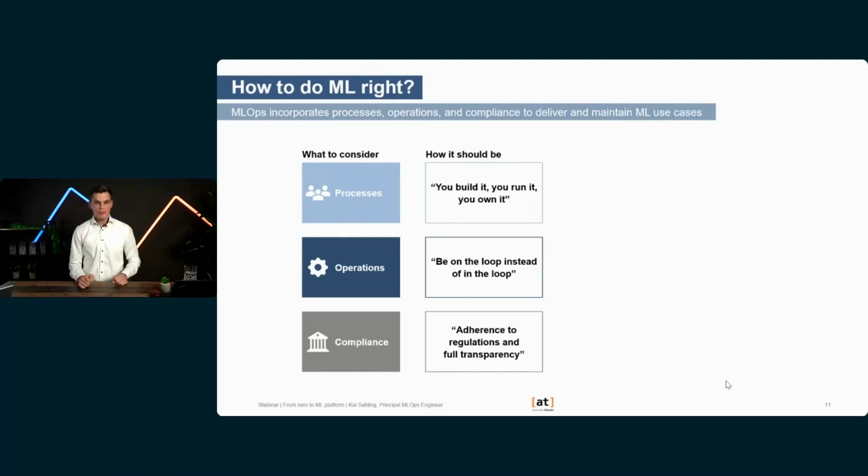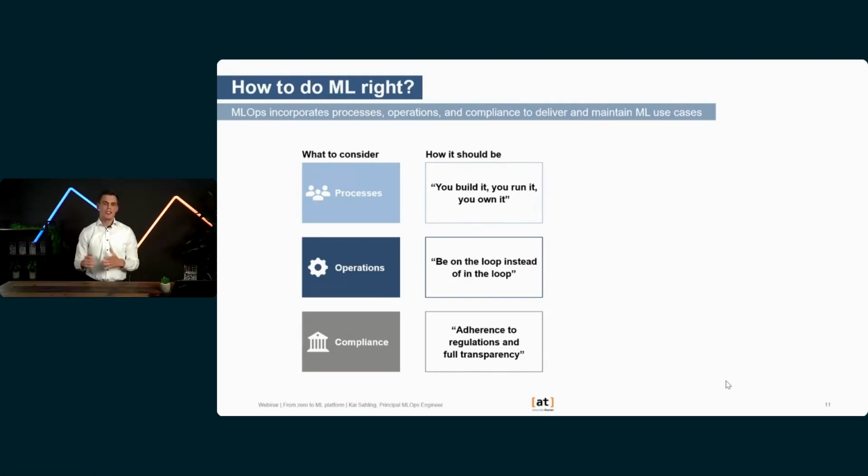Well, I consider that somewhat the holy grail of MLOps. So on the loop, that means you are informed about what's going on. The system tells you what went wrong, where the issues are. And third, maybe the most important bit, it's about compliance. So doing machine learning right means you do it in a compliant way.